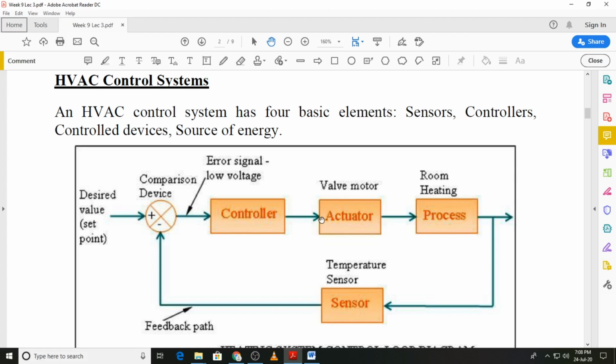And it would be the other way around. If the temperature increases beyond the set point value, we want to reduce the airflow into the room by the same process, and that is how this basic control mechanism would be able to maintain the desired conditions in the controlled space, that is your room.